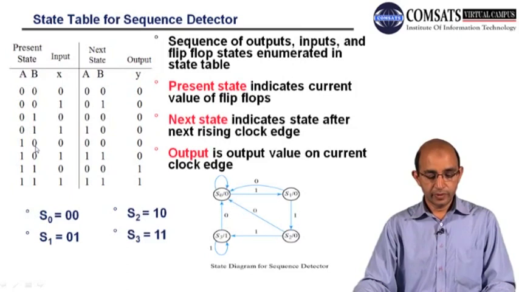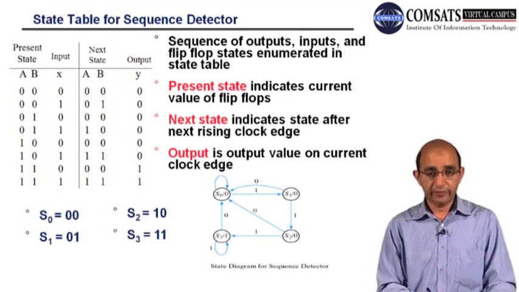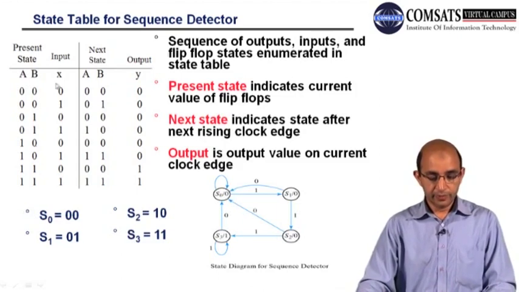So you can combine these into a very simple state table with x equal to 0 and x equal to 1, or that has to be simplified. But here you can see we have 4 combinations for A and B: 0 0, 0 1, 1 0, and 1 1. They are written over here for x equal to 0, and the same combination for x equal to 1. Same is the case with the next state.